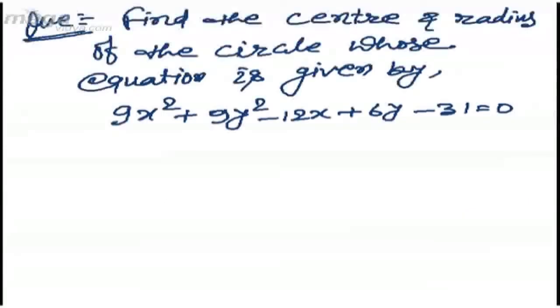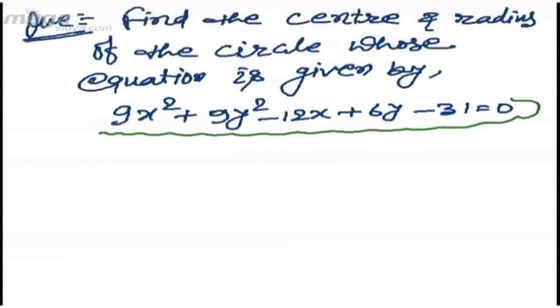Now I am taking another question. So student, the question is, find the center and radius of the circle whose equation is given by 9x square plus 9y square minus 12x plus 6y minus 31 is equal to 0. Now student, to get the center and the radius, you can see this equation is given in the general form.